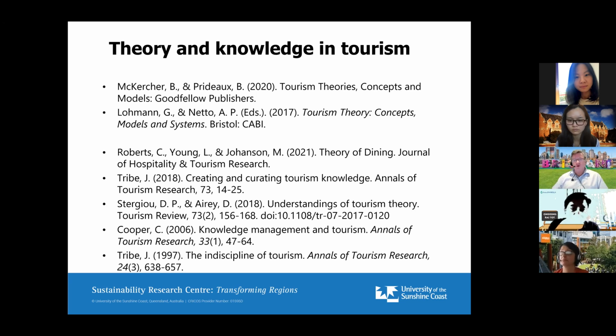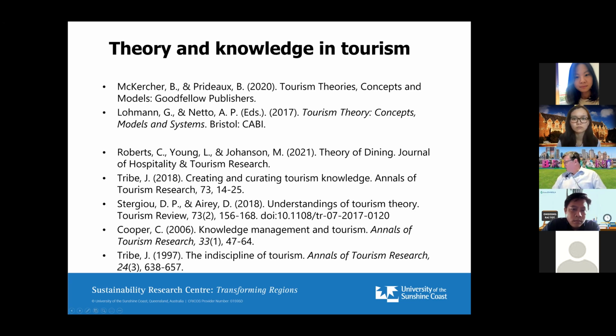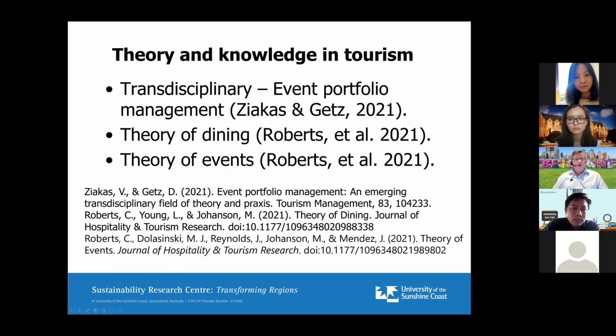Chris Cooper is also one of the leading people in looking at tourism knowledge. John Tribe again, David Airey and others. So there's been a bit of thinking about what we mean by tourism theory, which is pretty central to what people need to think about if they're doing a PhD to start with, for example.